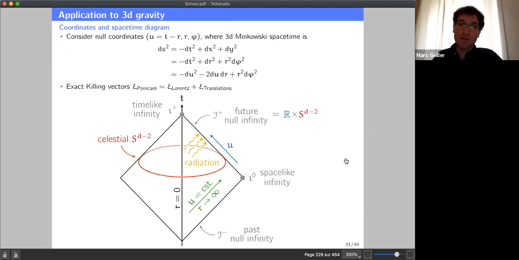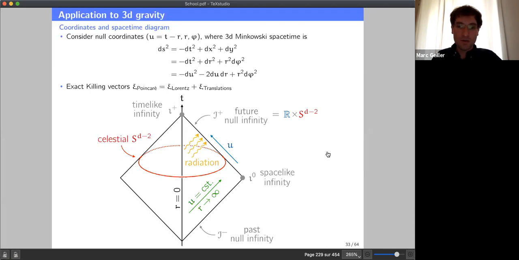So in 3-dimensional gravity, this is a celestial circle. It's only 1-dimensional, so it's parameterized by the angle phi. And at each point of scri plus, parameterized by u, you have such a celestial circle or celestial sphere. And up there, you have timelike infinity, i plus. Here you have spacelike infinity, i naught. And here we have past null infinity.